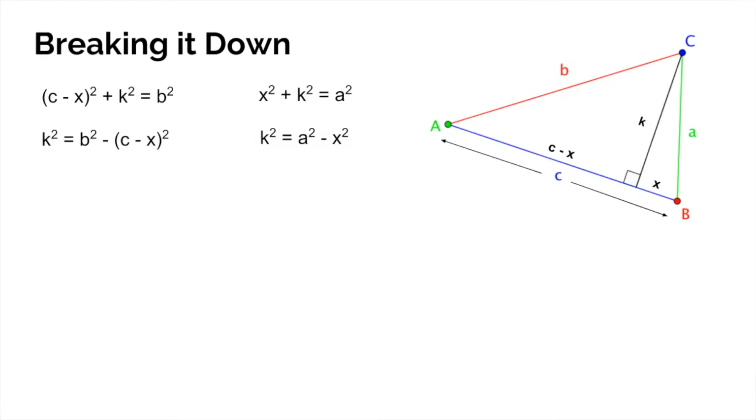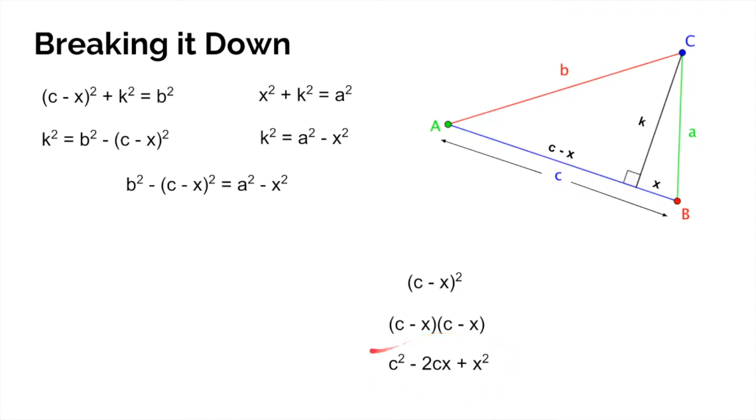Our new equation is b squared minus c minus x squared is equal to a squared minus x squared. Since this equation still has an x, we will expand c minus x squared to c squared minus 2cx plus x squared. Then plug this in to get the new equation b squared minus c squared minus 2cx plus x squared is equal to a squared minus x squared.